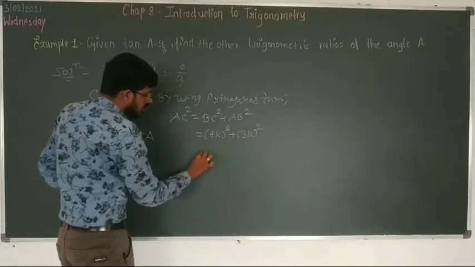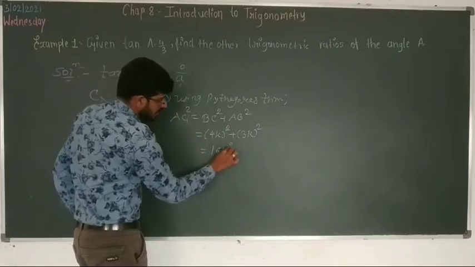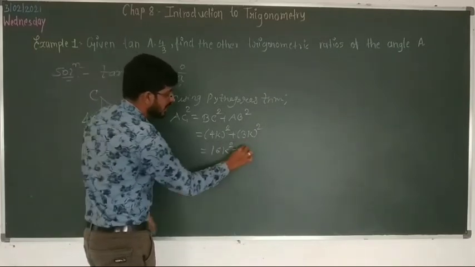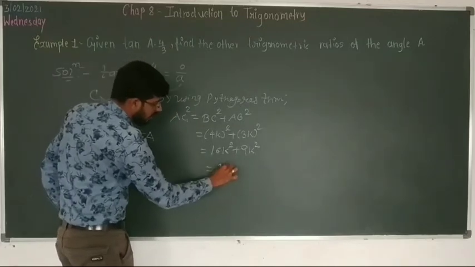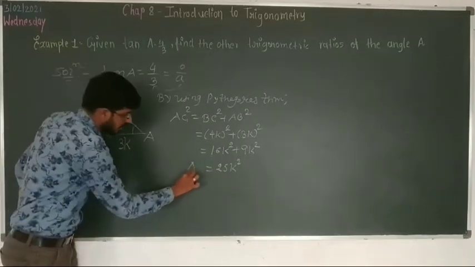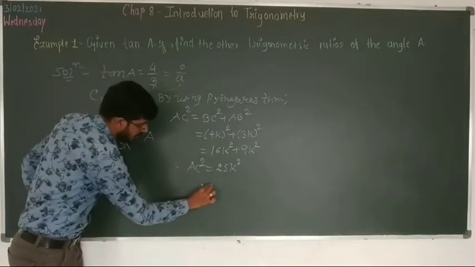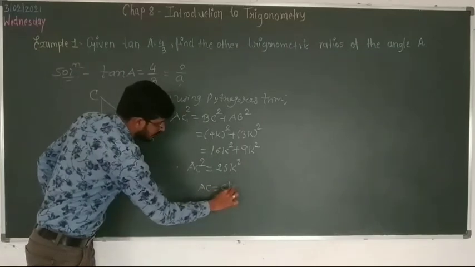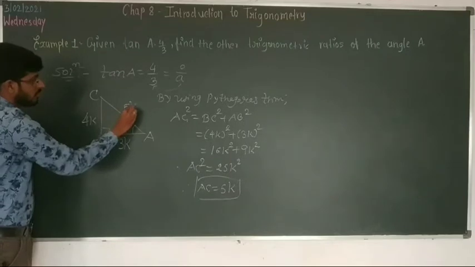Now 4K square is 16K square, plus 3K square is 9K square. Adding, we get 25K square. But we have to find the value of AC, so taking the square root on both sides, we get AC is equal to 5K.